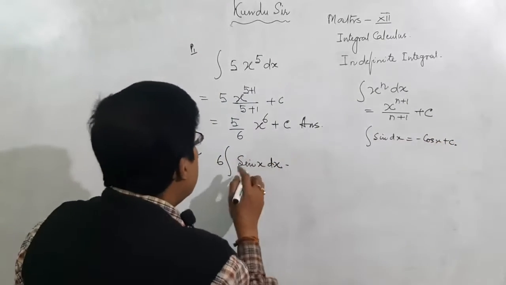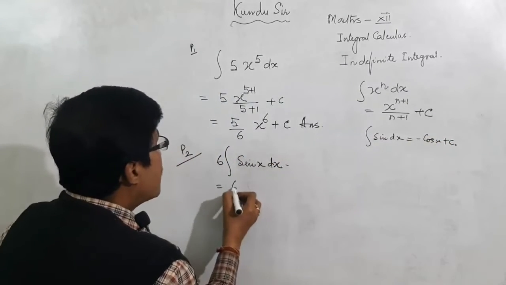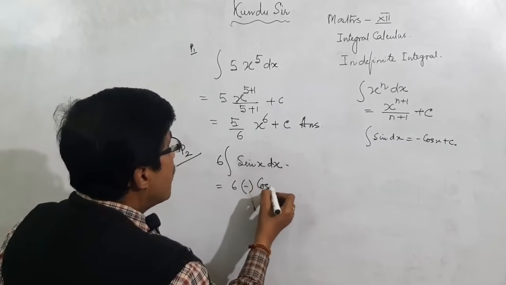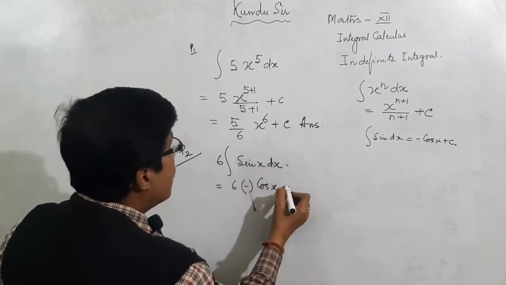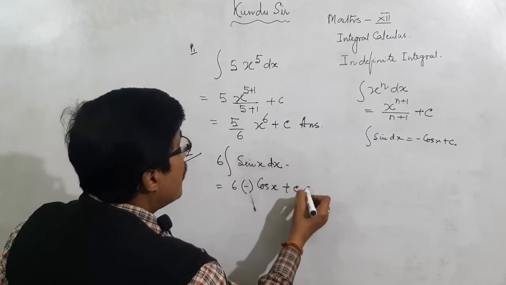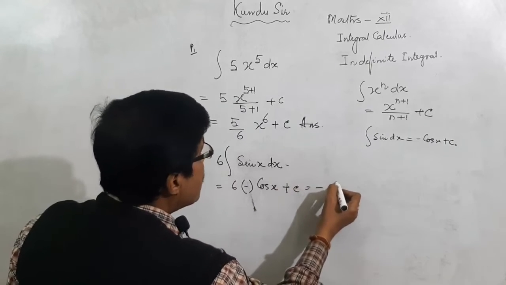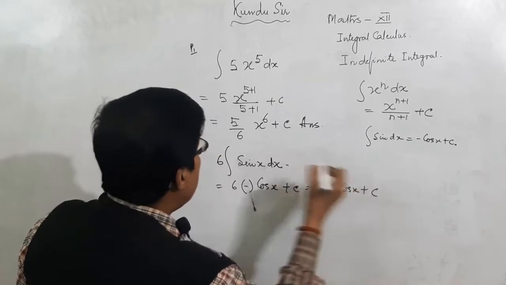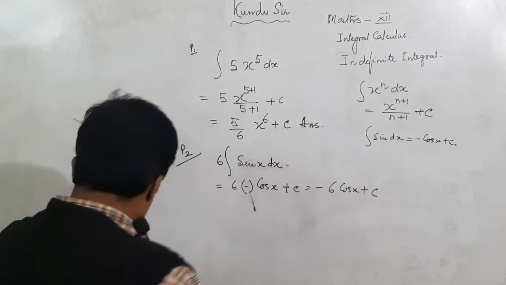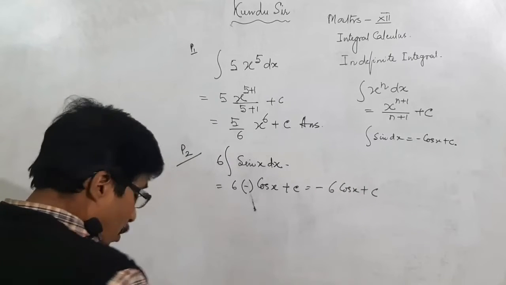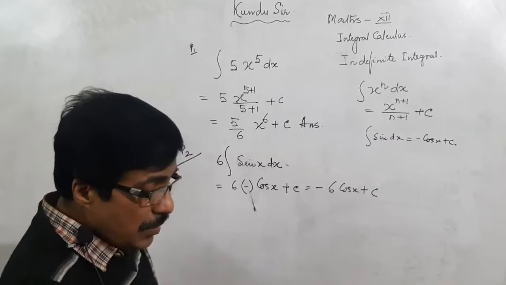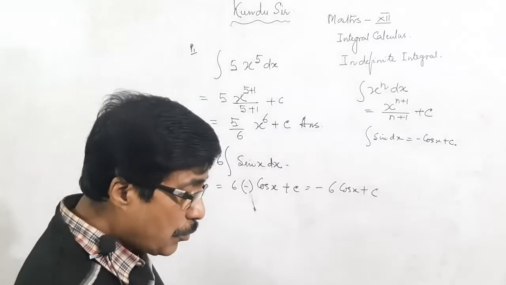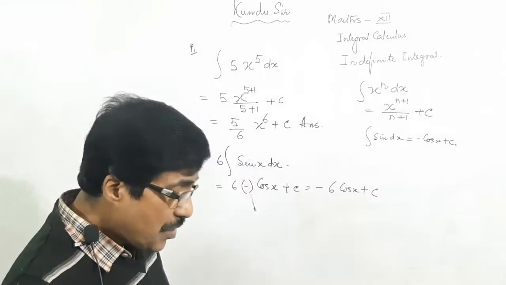So the result is 6 into minus cos x plus c, equal to minus 6 cos x plus c, where c is an integration constant. Now we are going to problem number 3.